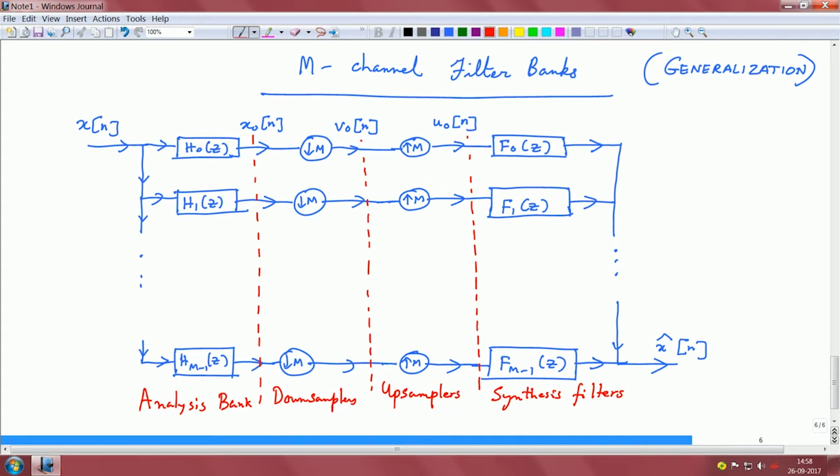Okay. Now, I think with this picture in mind, and you can think about interim signal, if this is x naught, this should be x1 here, this should be v1, u1, correspondingly so on. So, I think you can get the picture what is really happening here.